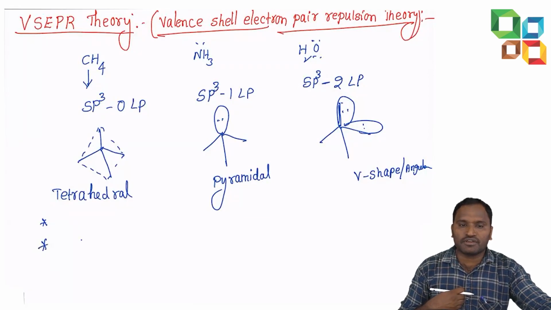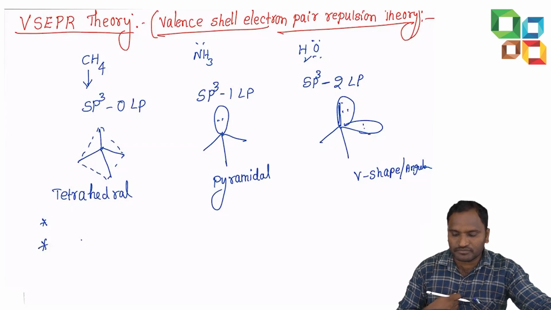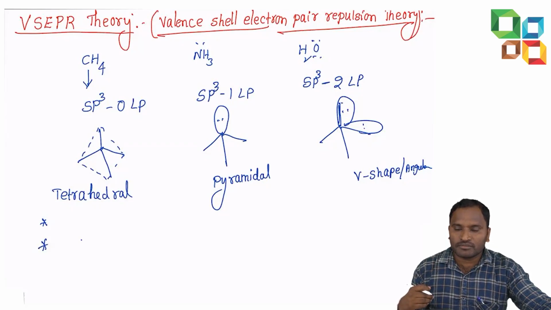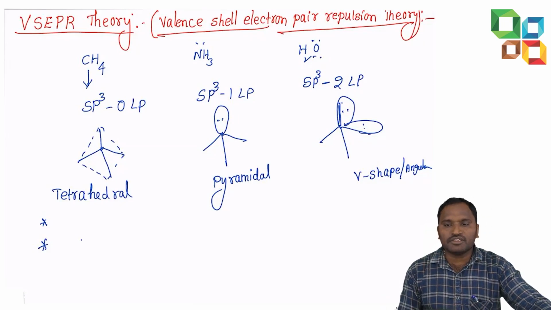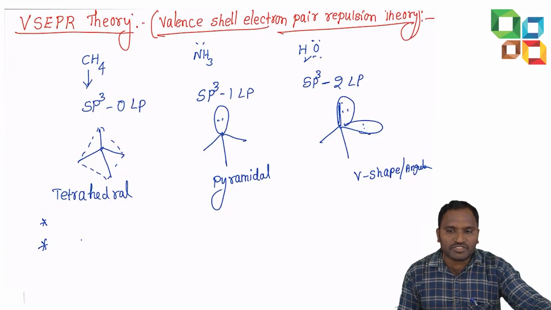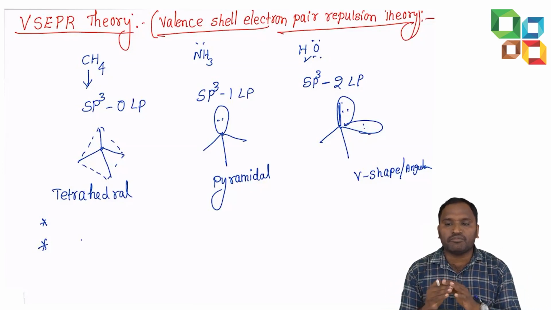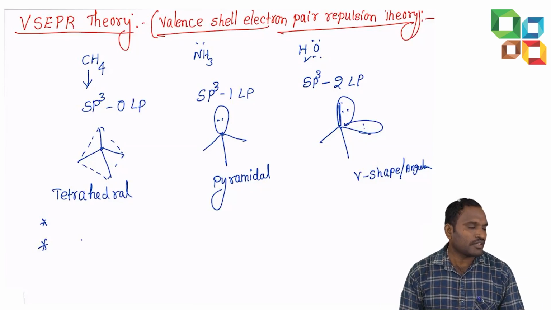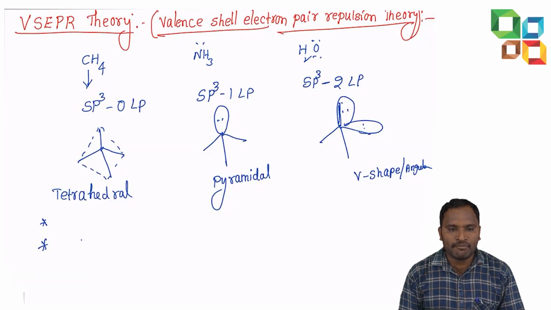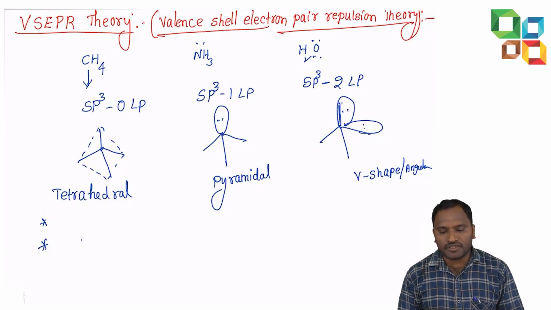And second point, note down students. Lone pairs must be arranged in such a way that the repulsions are minimum.